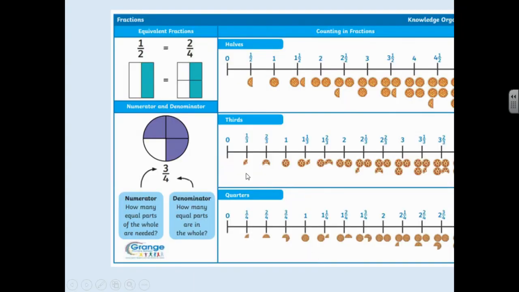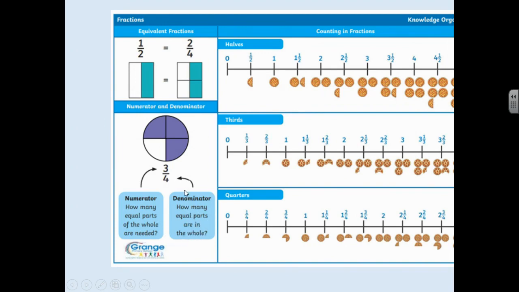Right, let's look at the knowledge organiser. Let's look at this part here, and it's explaining to us what a numerator and a denominator are. So a numerator is how many equal parts of the whole, in this case the circle is a whole, are needed or shaded, and the denominator is how many equal parts are in the whole.